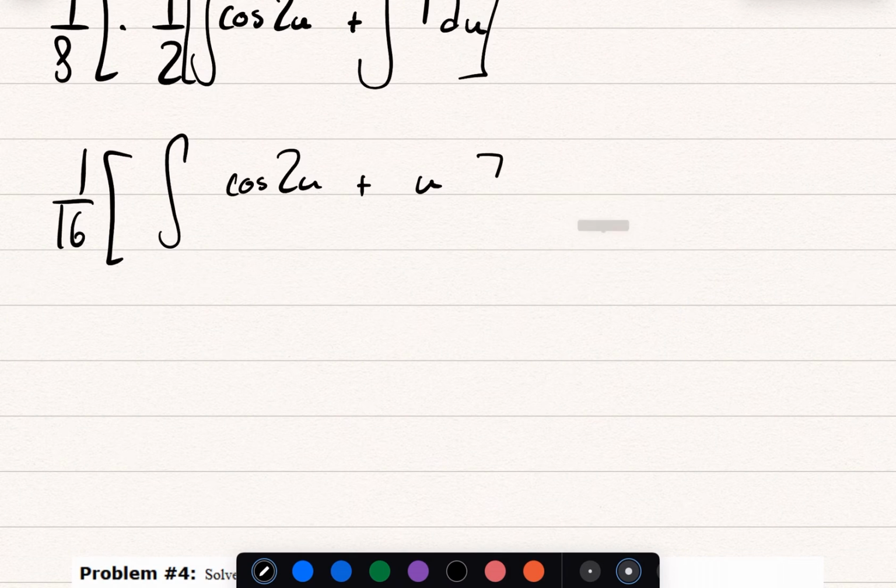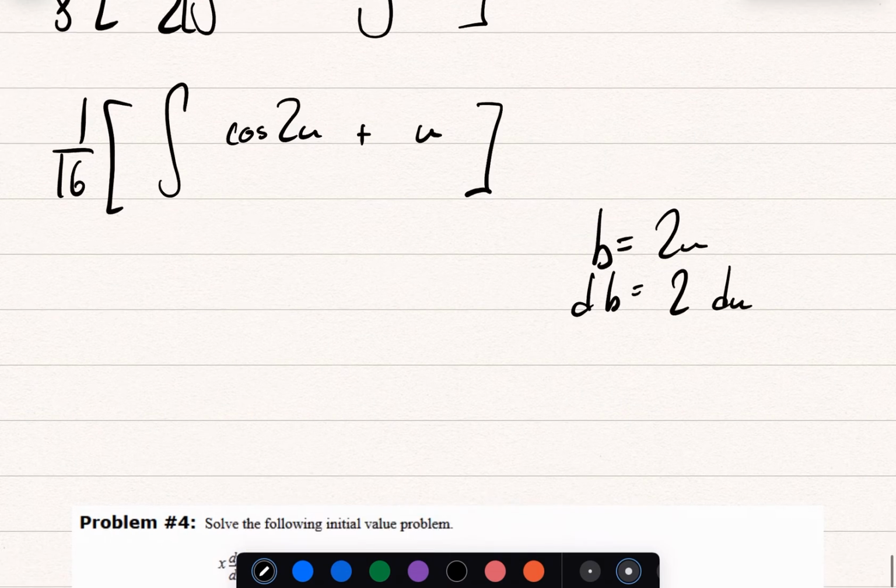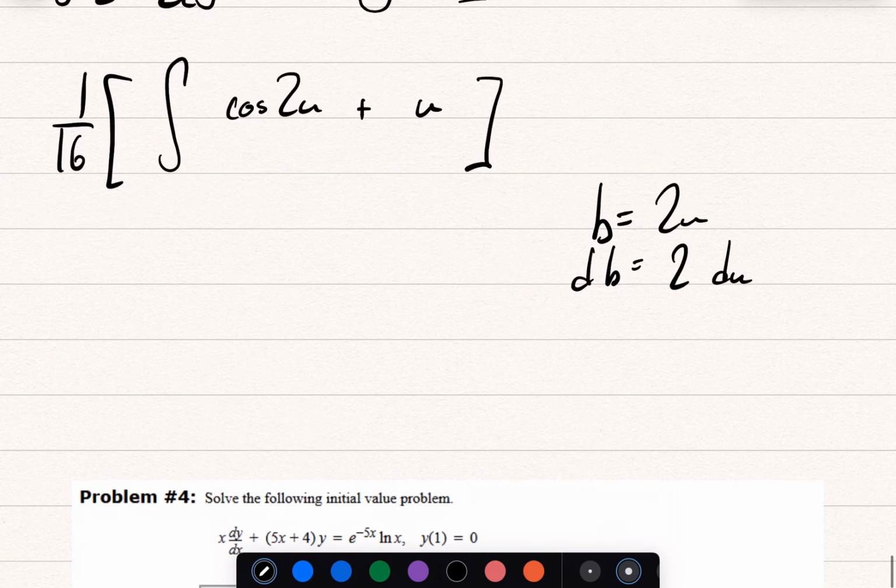Now I have 2u. I'm gonna sub b as 2u. db equals 2 du. I'm gonna have 1 over 2. So we know that this would become cos b, okay? And it would just be sine b, the integral of that. So I have 1 over 16 times sine b plus u.